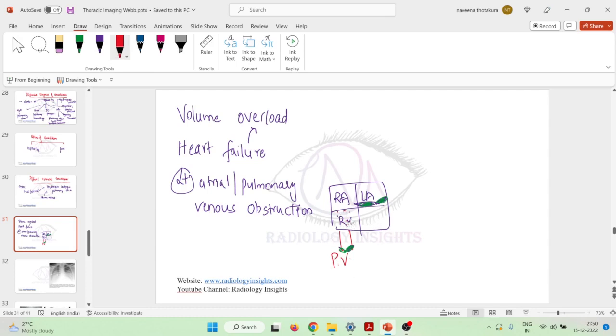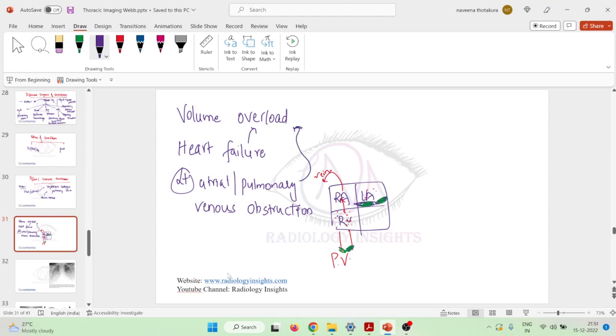As a result, there is increased blood in the left atrium. There will be back pressure from the right atrium to the peripheral veins, and because of this back pressure, the patient will again have volume overload.